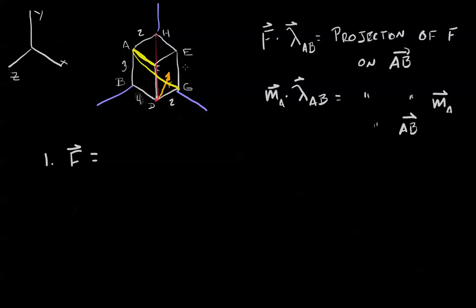This vertical direction is 3. So what we need to do is find out what F is as a vector. The first thing we can do is we know its direction. Let's do positive J first. It's going to be 3J minus 2K.